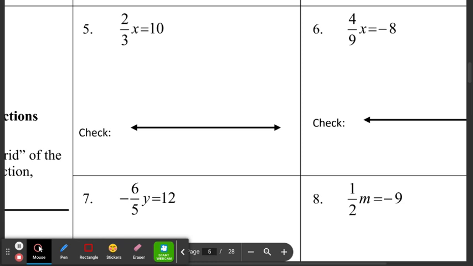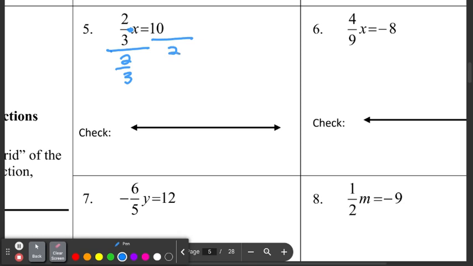I'm going to show you the first way, and then I'll go back and do the same problem and show you the other one. So again, this is 2/3 times x equals 10. You can divide both sides by 2/3 because the opposite of multiply is divide. That goes away. And then in your calculator, you would do 10 divided by 2/3. And you would get 15.